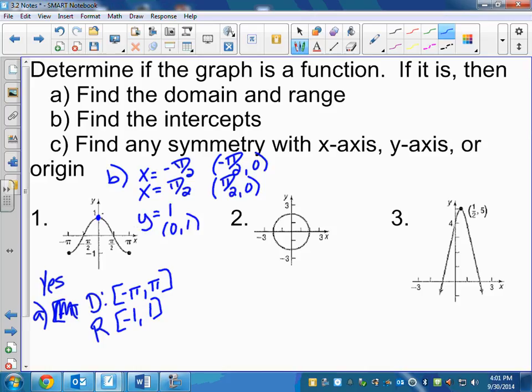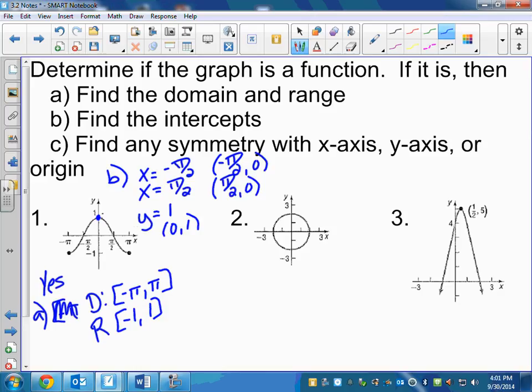For those of you that took pre-calculus last year, maybe this looks like a trig function graph that you recognize. And part C says find any symmetry with the x-axis, the y-axis, or the origin. Remember, that means if you could flip it over those lines, would they be the same? And it's so much easier than with an equation.